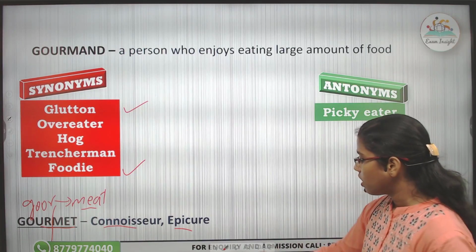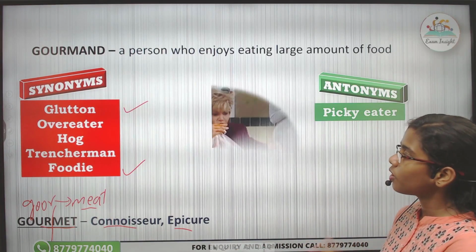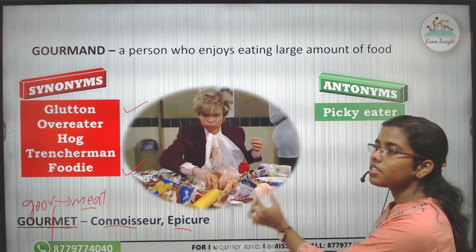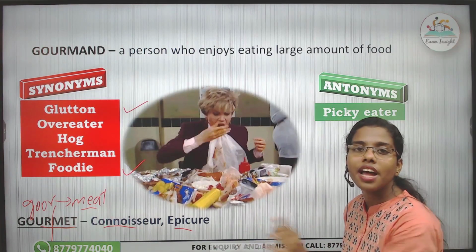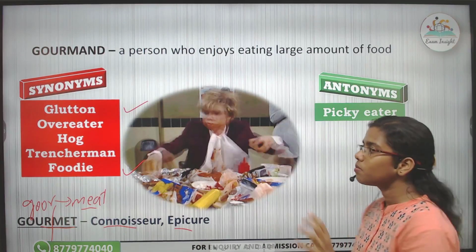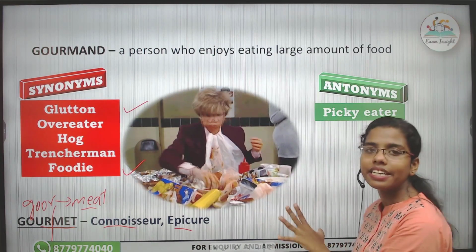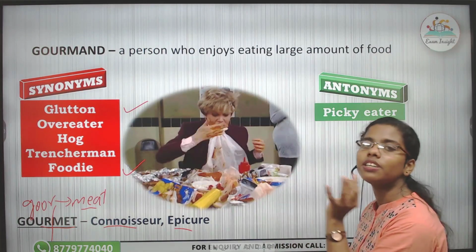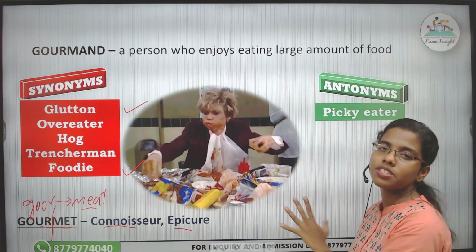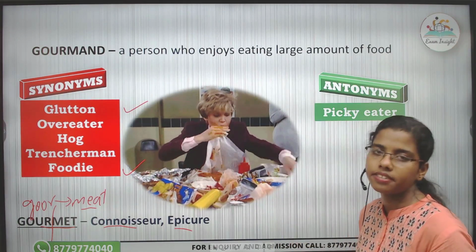So let me show you the pictorial form. This person is a gourmand and not a gourmet, because this person is not trying to observe what she is eating, but she is interested only in eating. So this person would be called gourmand.